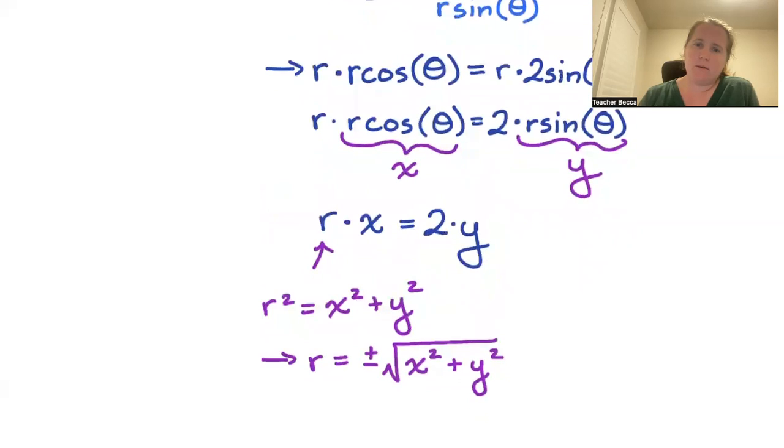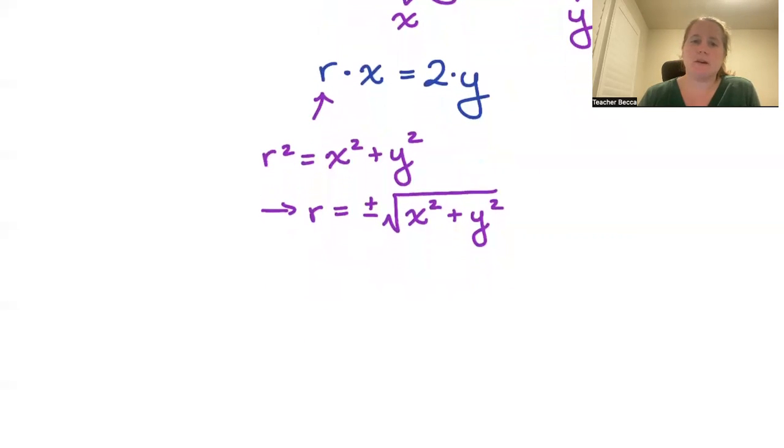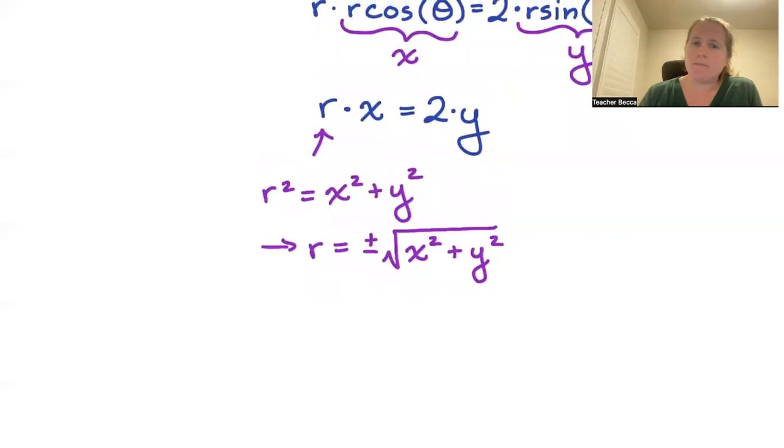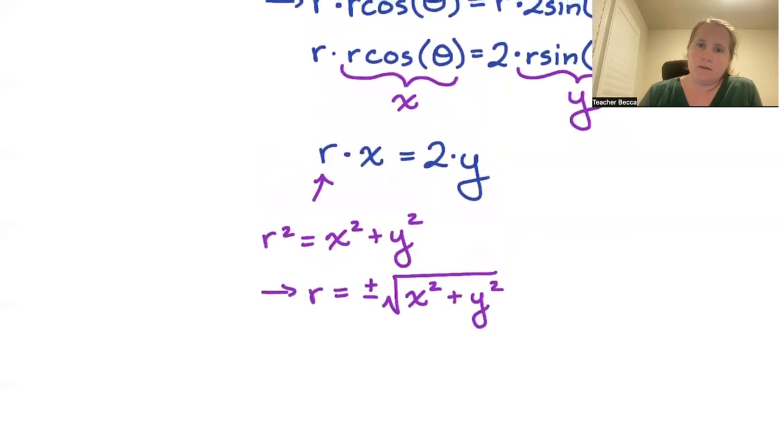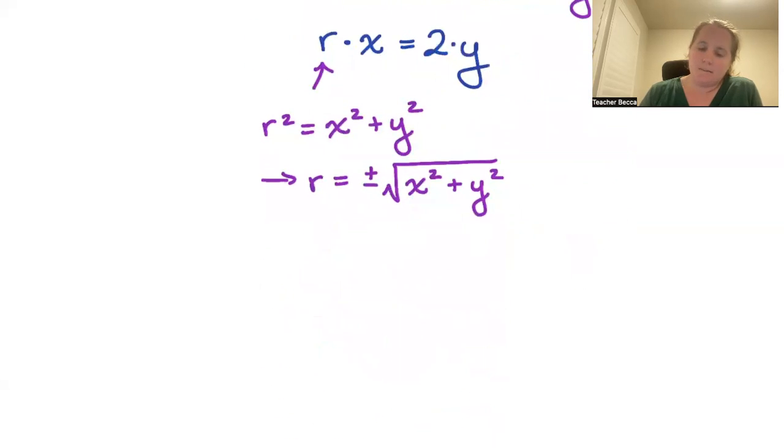So one option would be just to essentially square everything and work with it there. Or you could work with a square root. So essentially we have square root x squared plus y squared times x equal to 2y.